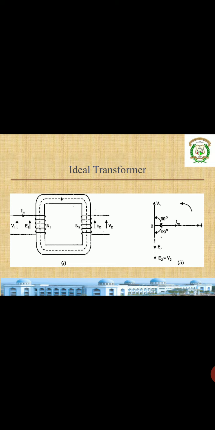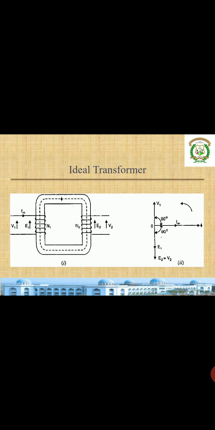Once this phi is produced, that phi links with the N1 turns and induces EMF E1 in the primary circuit, where your E1 is shown exactly opposite to V1, or 90 degrees lag to the flux phi. So in the phasor diagram you can see the things very clearly. E1 is the same as V1, but it is exactly opposite to the direction of V1.